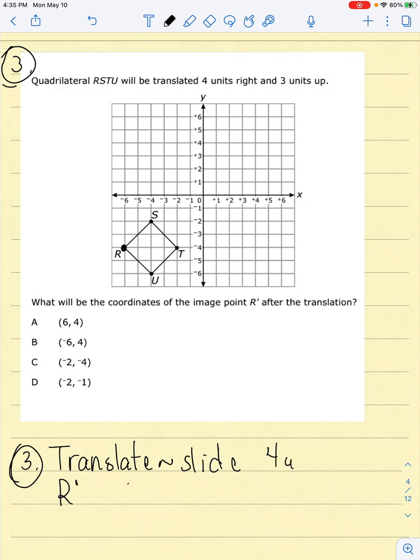It was 4 to the right, 3 up. What you'll do is write on your scratch paper what is important so you'll remember what to do. So 4 units to the right, 1, 2, 3, 4, 3 units up, 1, 2, 3. So my new coordinates are, start at 0, 0, back 2, down 1. So -2, -1. And that is choice D.